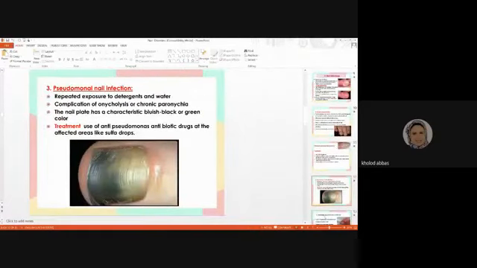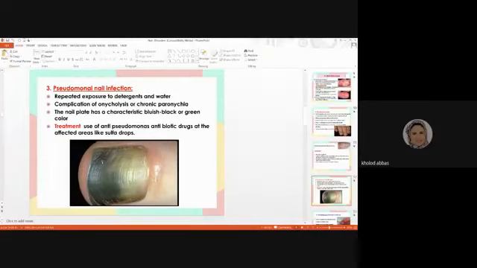Number 3, as an example of infection, is Pseudomonas nail infection, green nail. Due to repeated exposure to detergents and water, it can occur as a complication of onycholysis. As we said, onycholysis is separation of the nail plate from the nail bed.